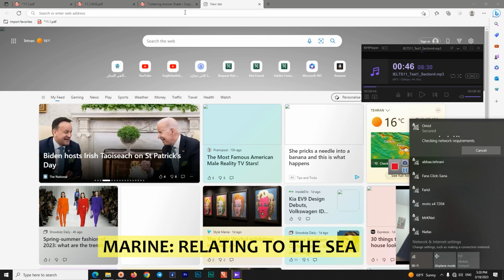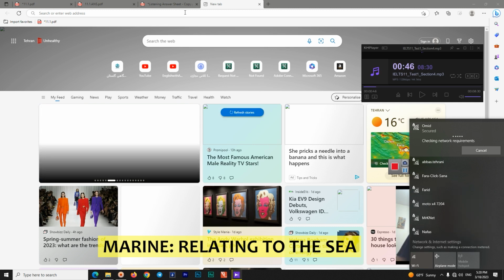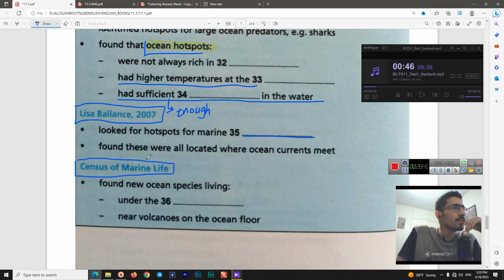I want to check this word, marine. I know submarine means under the water, under the surface of water. So marine has something to do with water or ocean. I don't know why it's taking too long to connect.